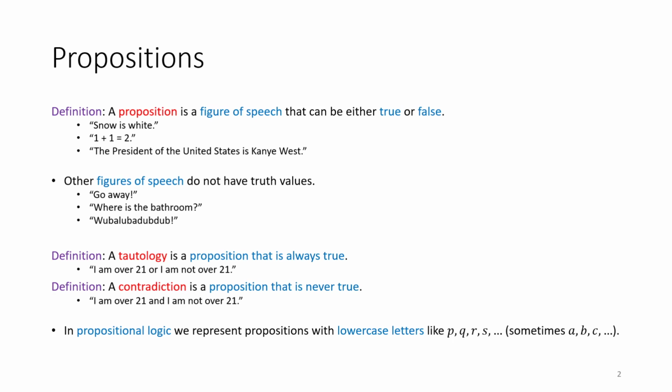Remember, for some of these propositions up above that we're not sure about, they could be true or they could be false. Well, a contradiction is one that could never be true, so there's no possibility of it ever becoming true, given any kind of circumstances that we might envision.